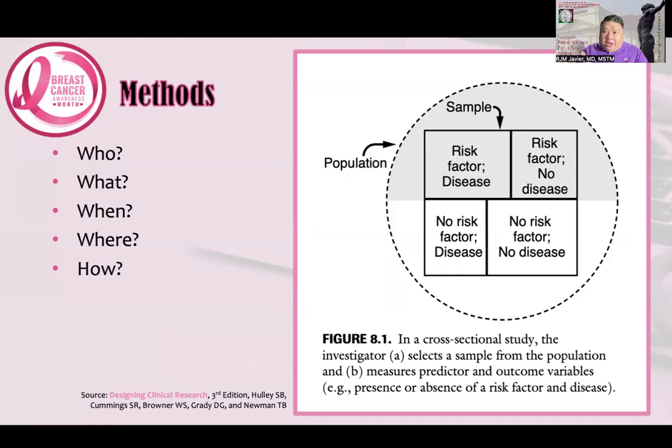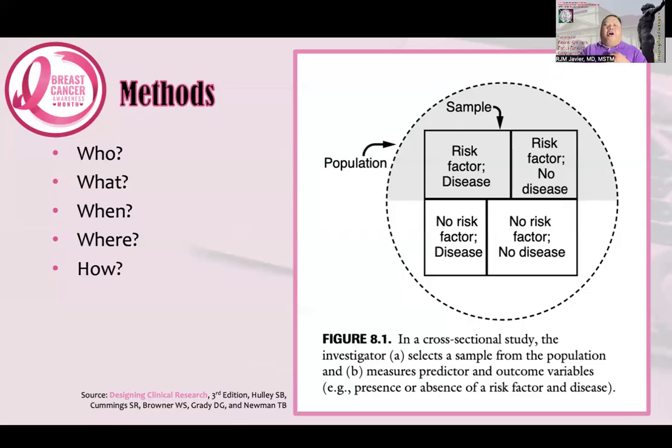From a given single population, you identify a sample, and from the sample, you measure both the independent and the dependent variables simultaneously at a single point in time or in a single period of time. And you try to identify from the sample who would have both the dependent and the independent variable. Your independent variable, we can call your risk factor, and your dependent variable would often be a disease condition.